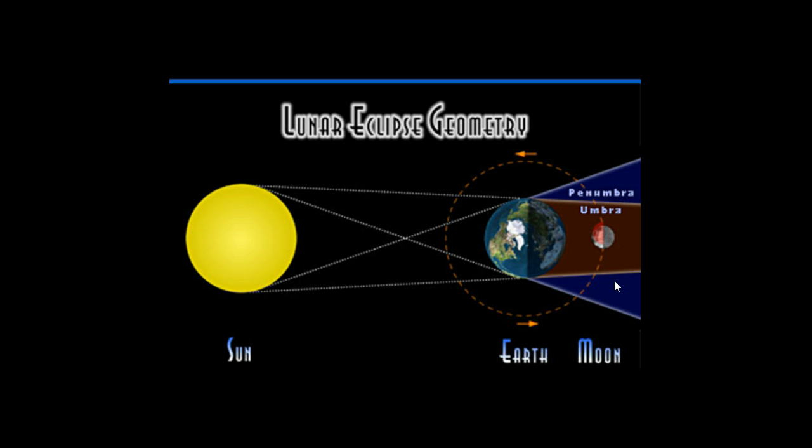Now, the penumbra is the cone of shadow cast by deflected light. Write that down.